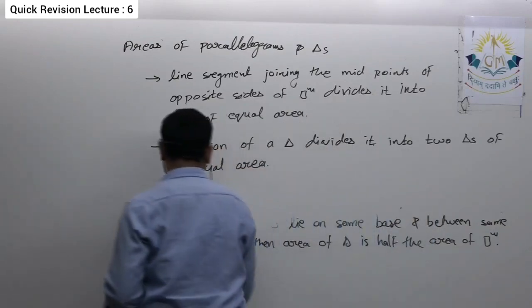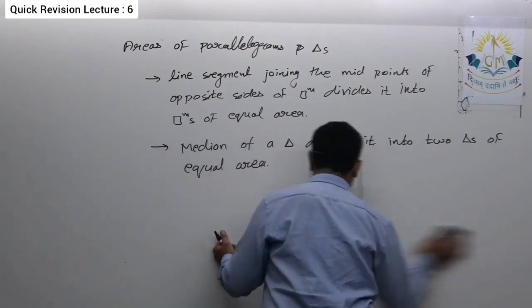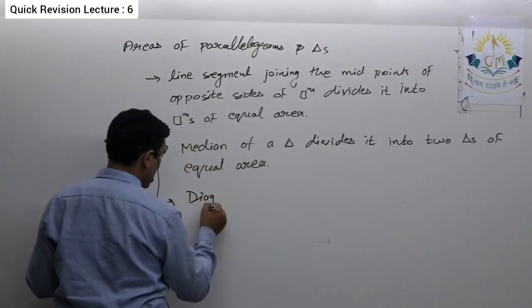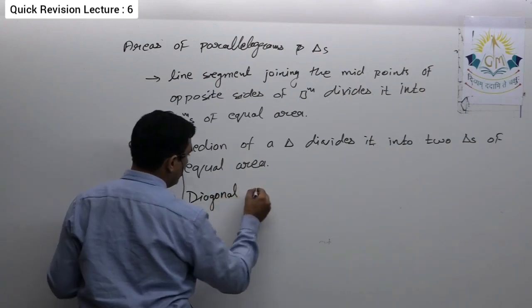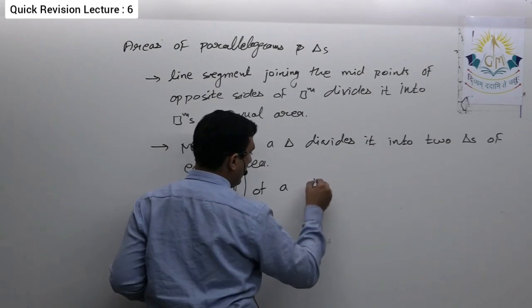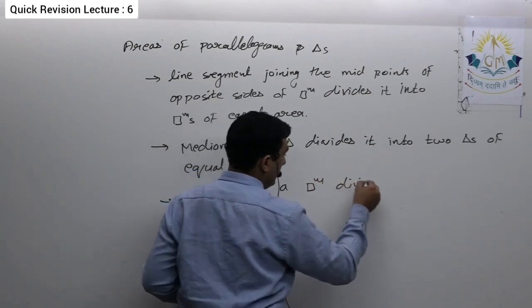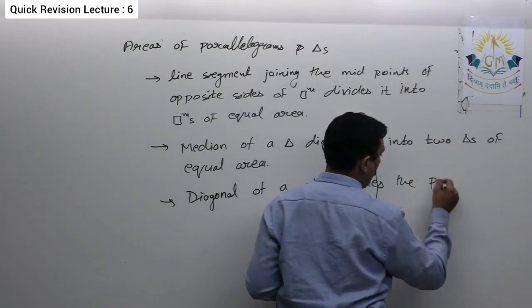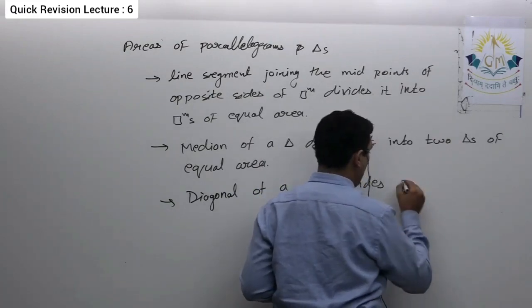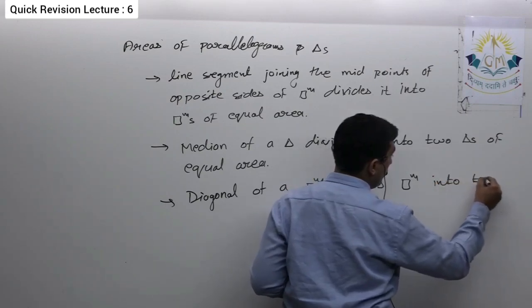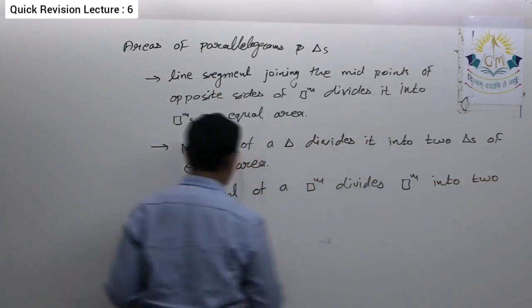Okay, now in the same way we have one more result, that the diagonal of a parallelogram divides the parallelogram into two congruent triangles.